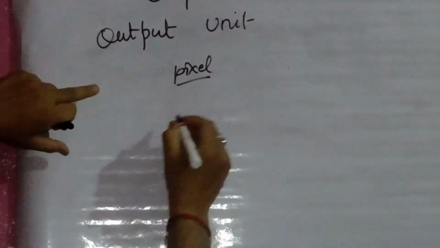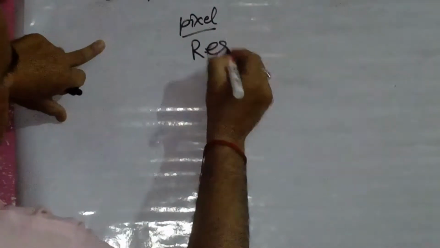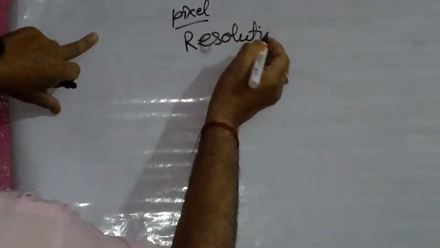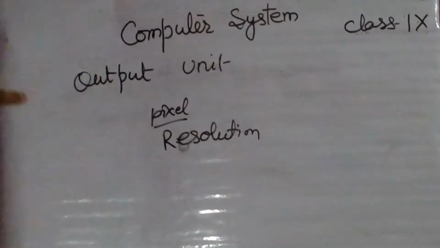So pixel is the elementary unit of the display, and according to the pixel, one more term is associated, which is resolution. And what is resolution? Resolution is the combination of pixels on the monitor.